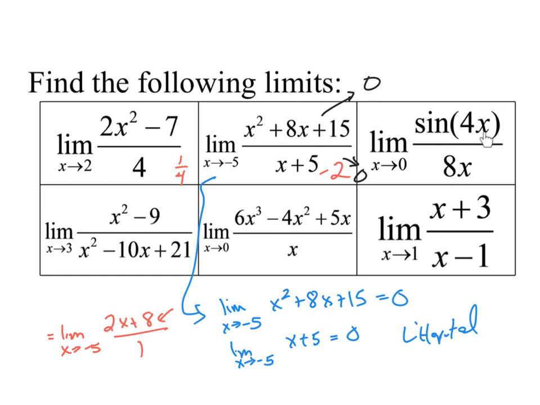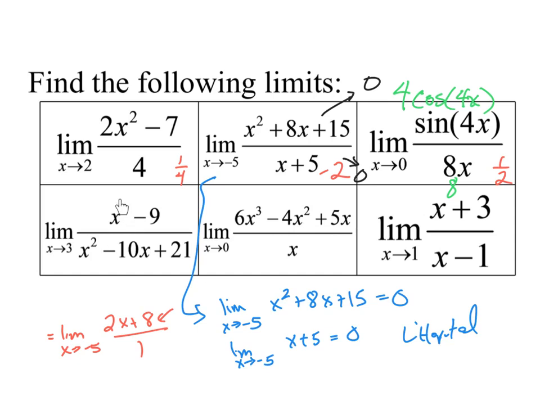You should write that the top is going to 0, the bottom is going to 0, and then you should perform L'Hopital's rule by rewriting your new limit statement like this. Okay. I'm going to just say, okay, derivative is 8. Derivative is 4 cosine of 4x. You plug in 0. The cosine of 0 is 1, so this is just 1/2.